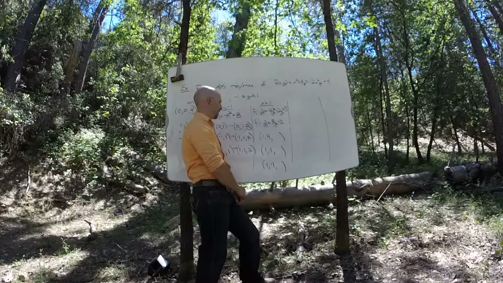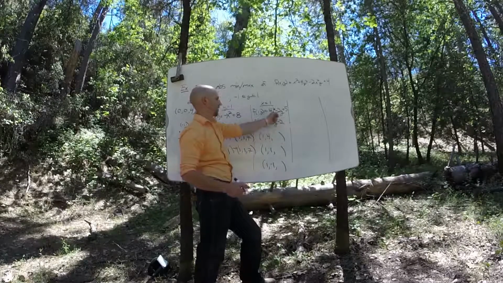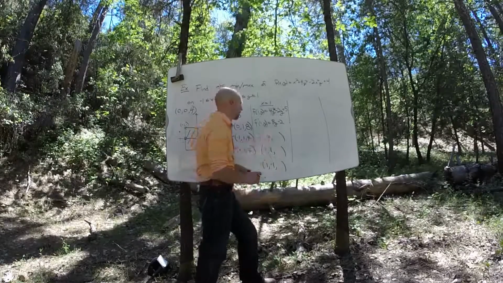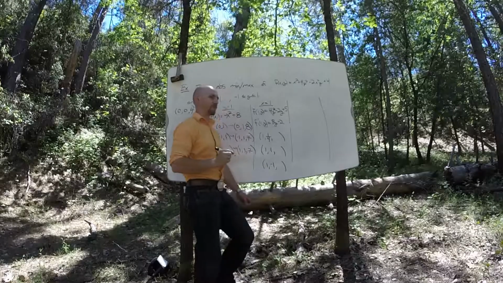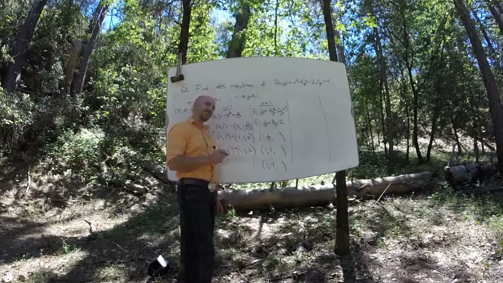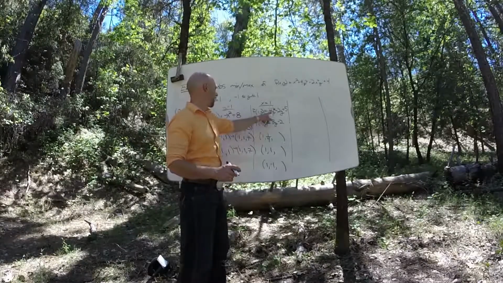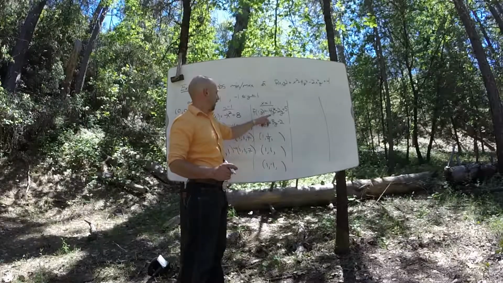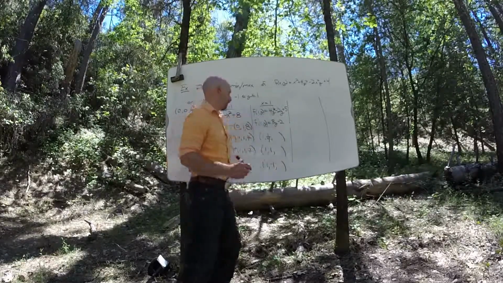What are your z's? Let's see, 1 and a quarter. So I get a quarter minus a half plus 5.